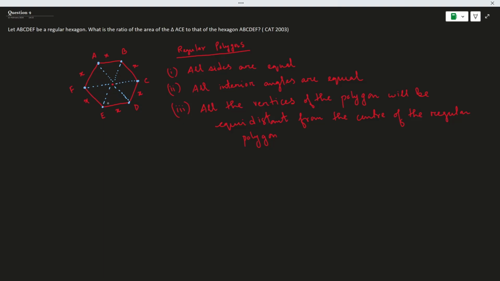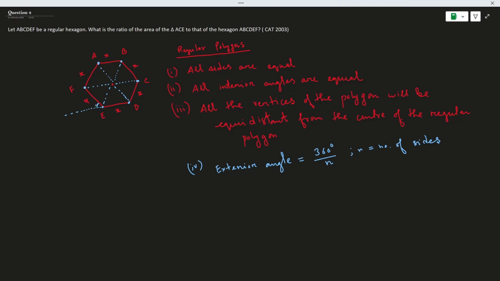Also see the interior angle of a regular polygon. How do you find the exterior angle? The exterior angle, this is the fourth point, the exterior angle is equal to 360 degrees by n, where n is the number of sides. That means if I extend one of the sides, this will be the exterior angle.